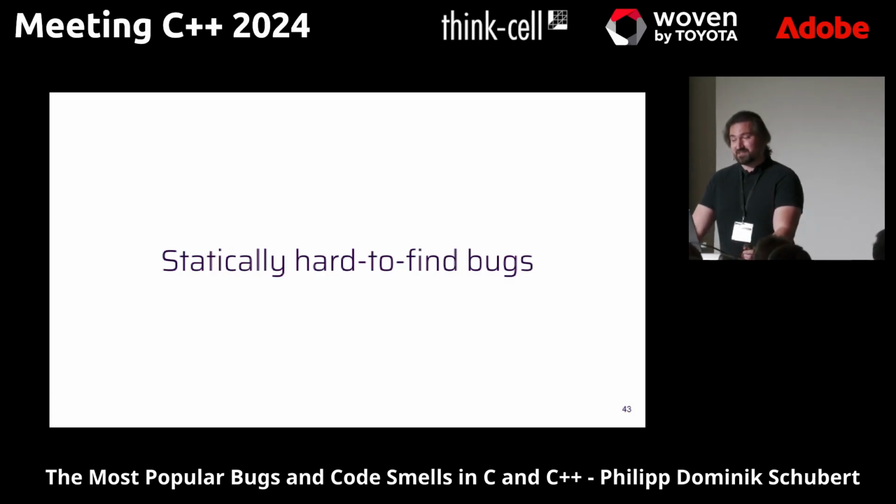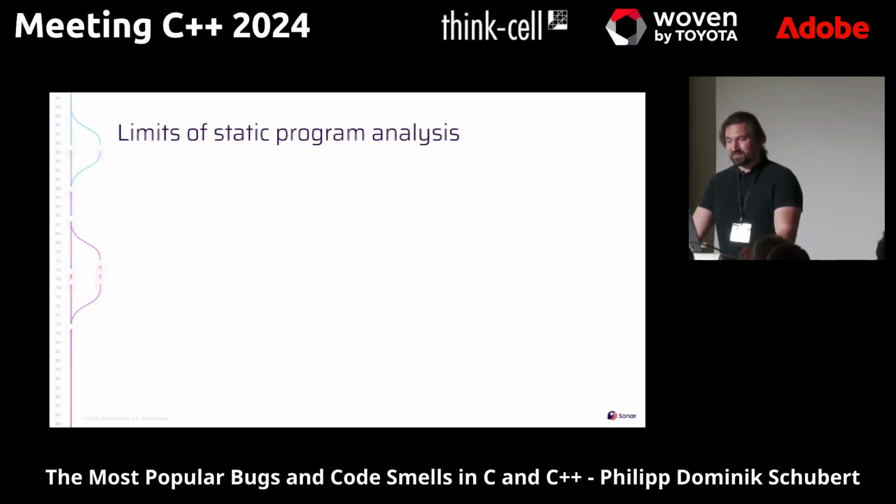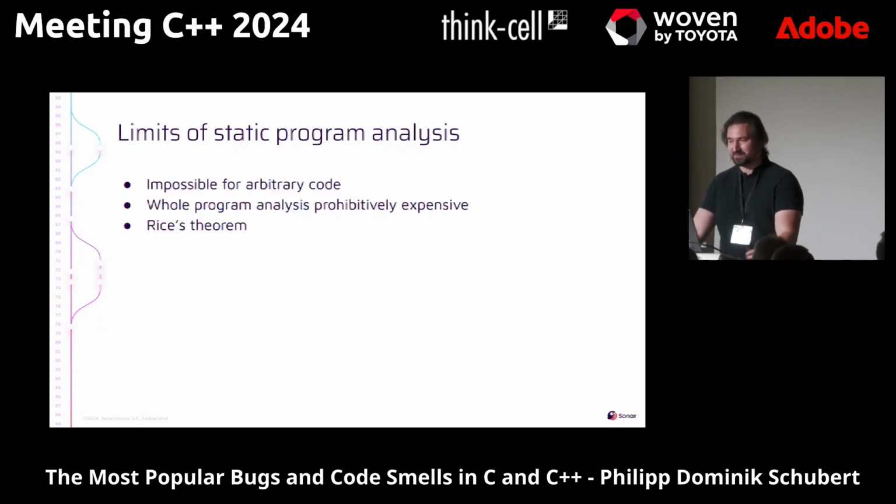And unfortunately, they're also statically hard to find bugs. Let me walk you through. So there are limits. Static analysis is impossible for arbitrary code. So you can always write a piece of code that completely defeats static analysis. That's quite sad, but yeah. That's partially due to Rice's theorem, which I talked about earlier.